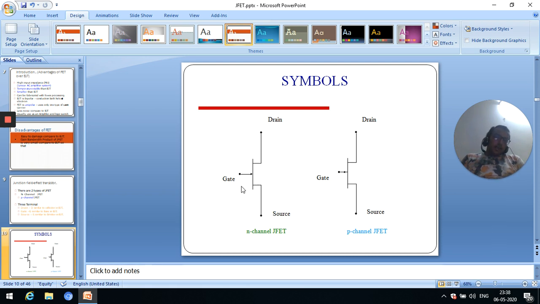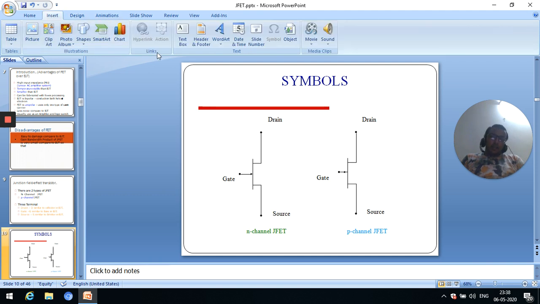That's why in N channel JFET, see this, here it is N basically. What is the meaning of N channel JFET?